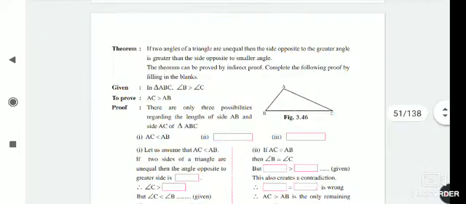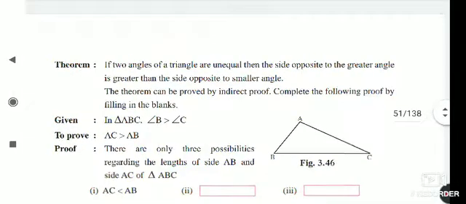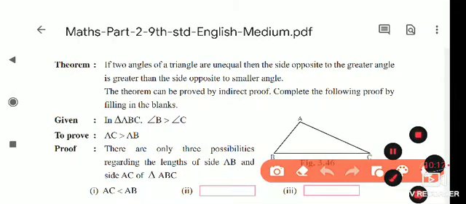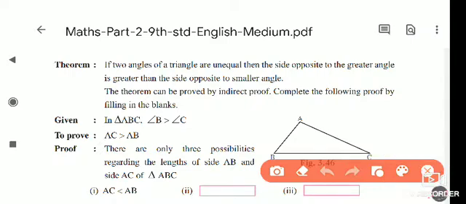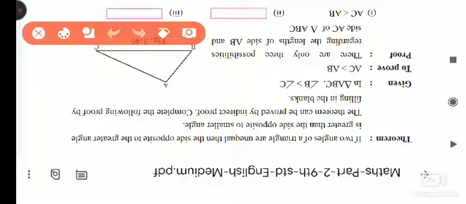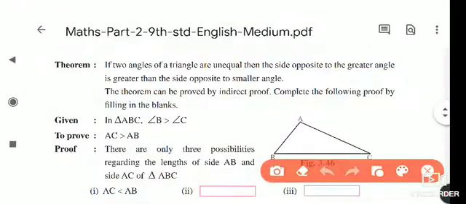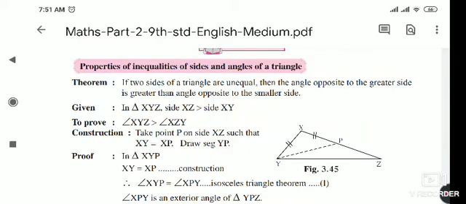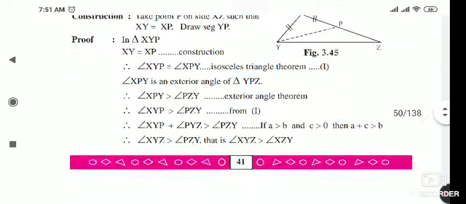Now the next activity is there. What is the activity? Two angles of a triangle are unequal. This is the converse of the above theorem, the same properties of inequalities of sides and angles of a triangle.